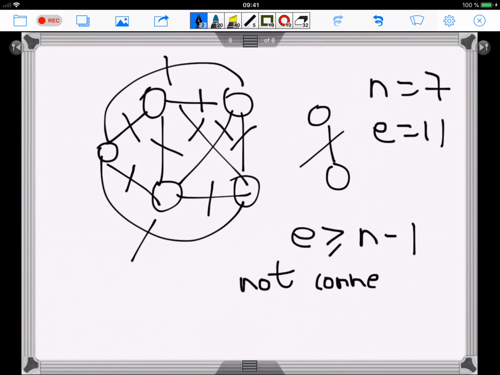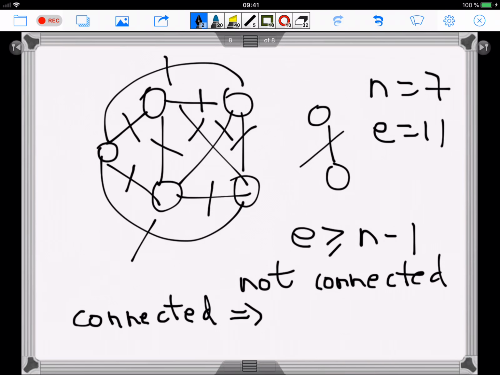Okay, so again, remember that what we have is that if the graph is connected, then E is greater than or equal to n minus 1, but not the other way around. It doesn't imply, if we have many edges, it doesn't imply that the graph is connected.